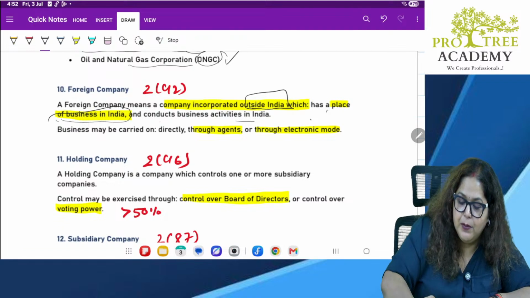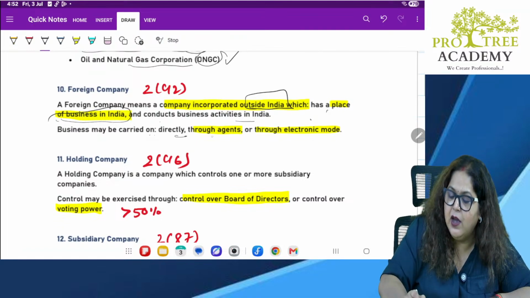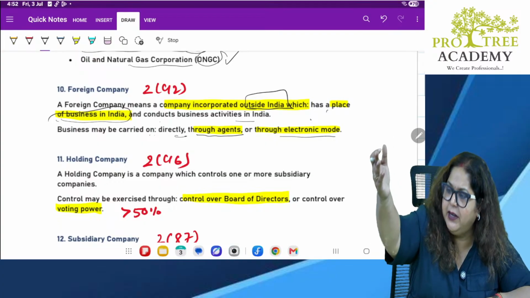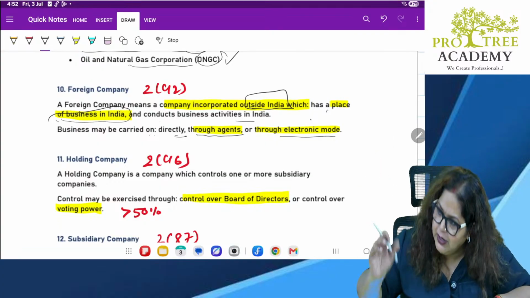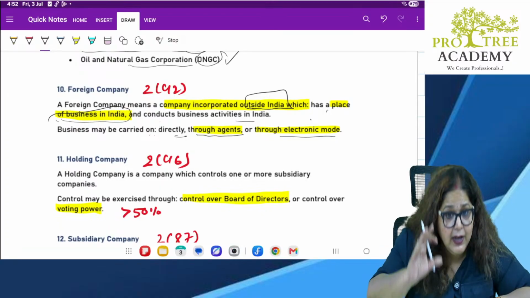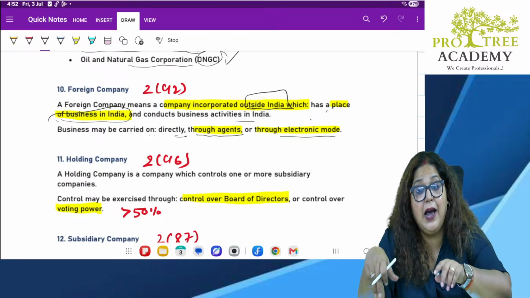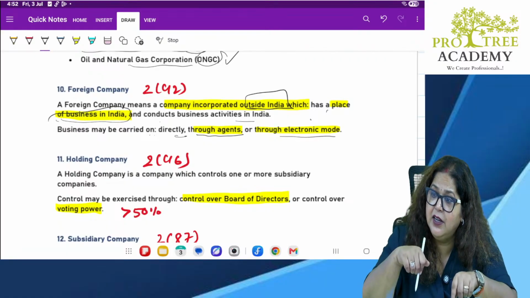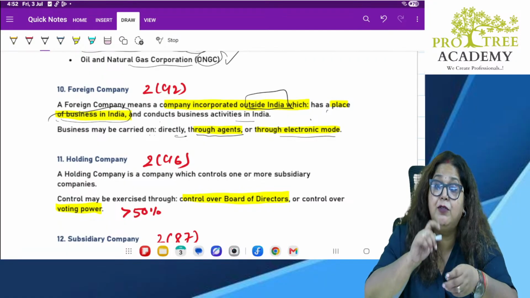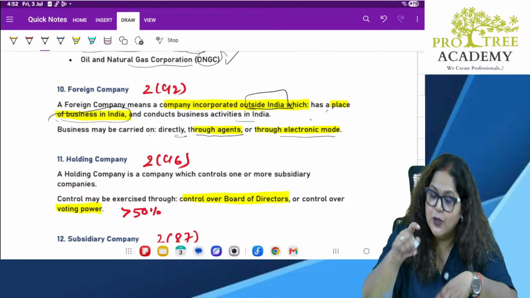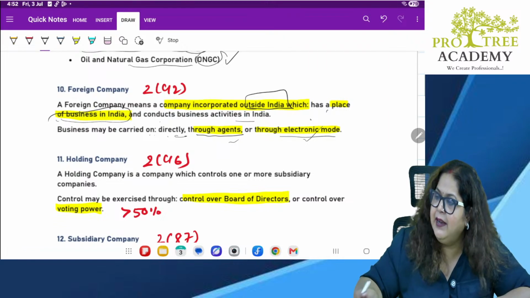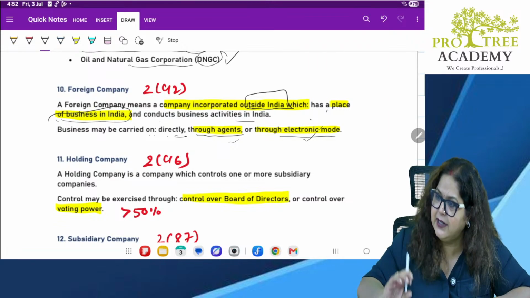Business may be carried on directly, through agents, or through electronic mode. Why the place of business in India? Because it is coming under the Companies Act, somebody must do the legal formalities of this company. So it may be through an agent, through electronic mode, or any setup in India.